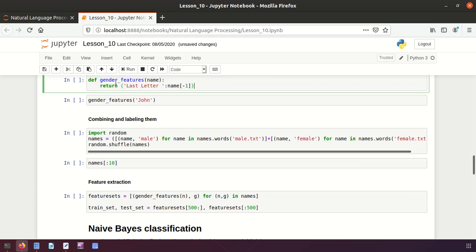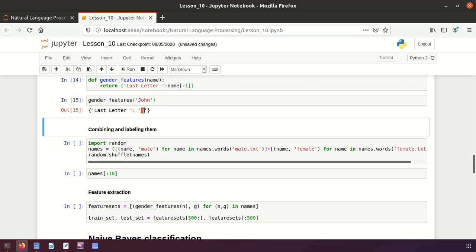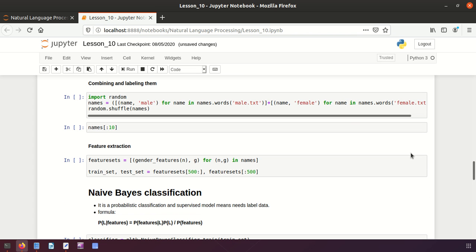So this is the function gender feature. The name will come here, and based on the name it will return the last letter of the name. Here I am passing this name, and it will send me the last letter. Now I am combining and labeling the names. First we combine, because we have 2 documents, male names and female names.